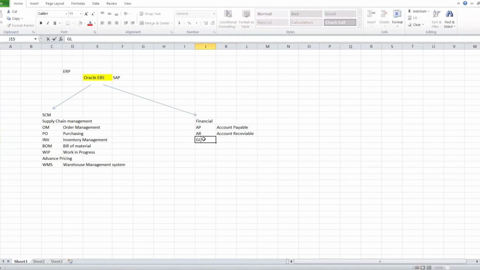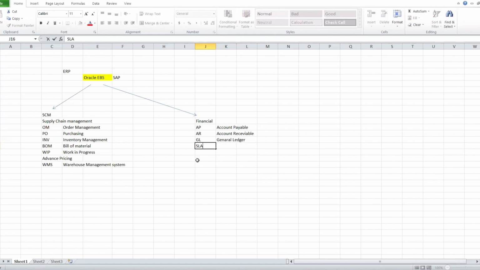We have GL, that is general ledger, and we have SLA.